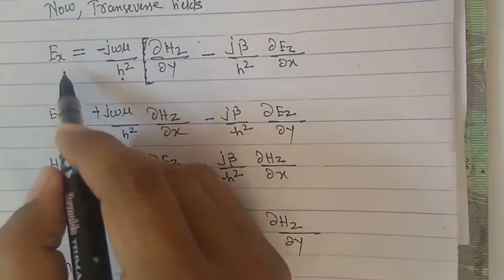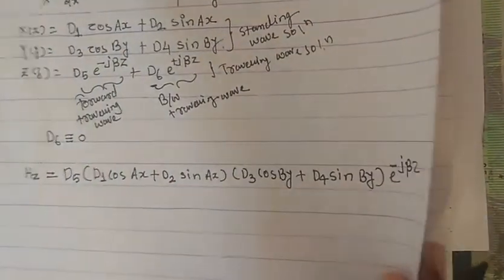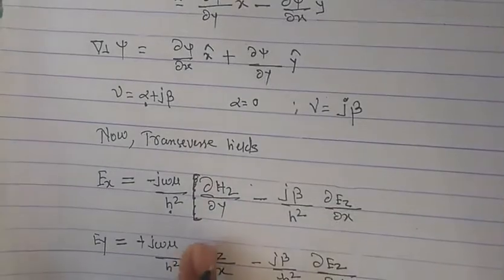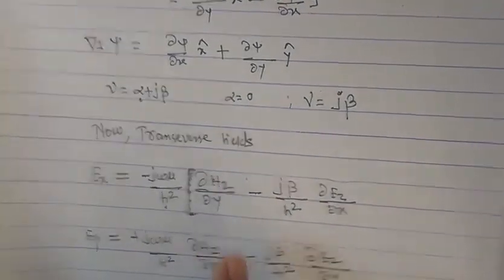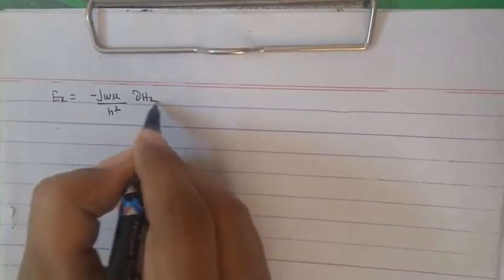So let us write for Ex and Ey. Ex is minus j omega mu upon h square del Hz by del y.